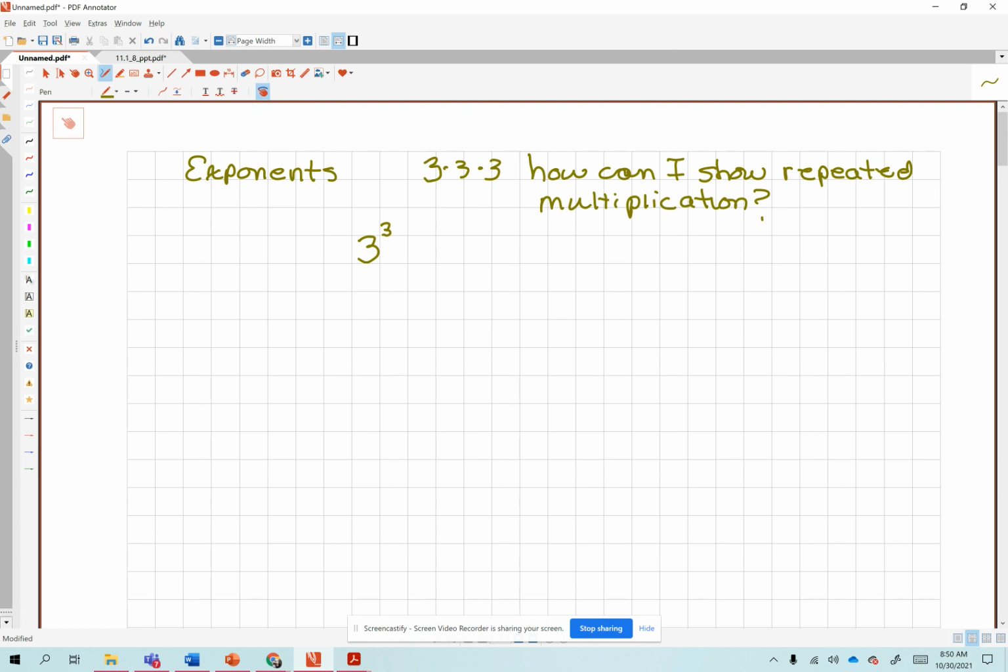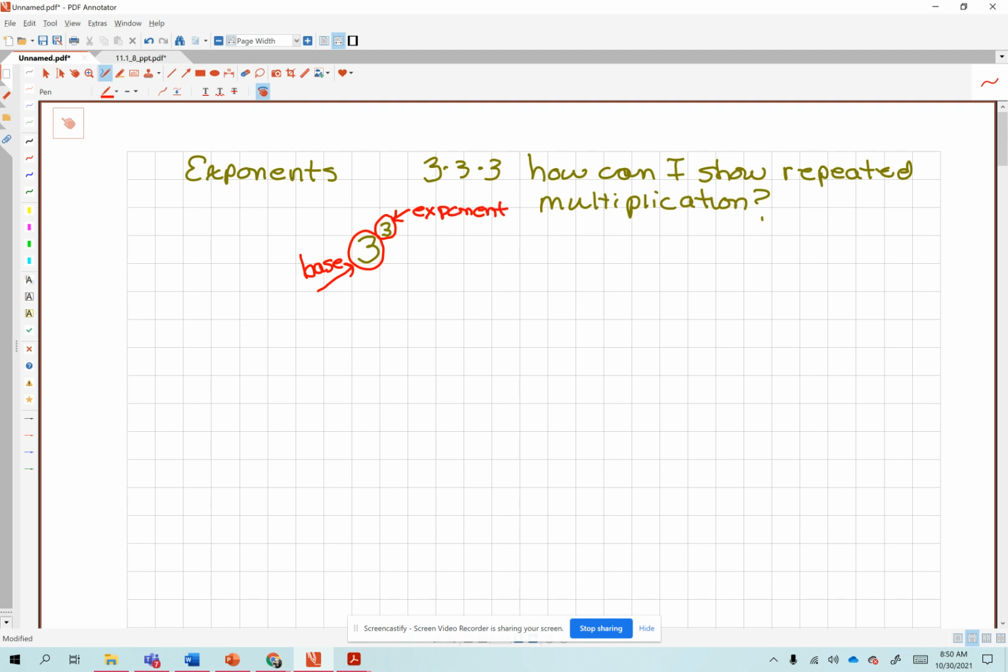So when we do that, we have two parts of, let's use our red, of this expression. We have the base, and then we have this small number at the top, which we call the exponent.